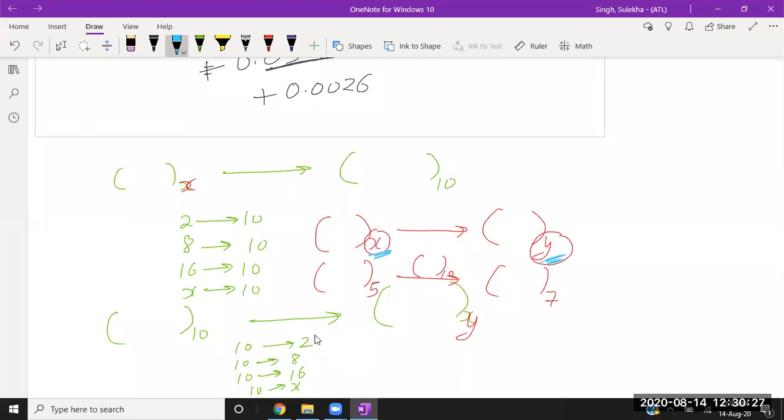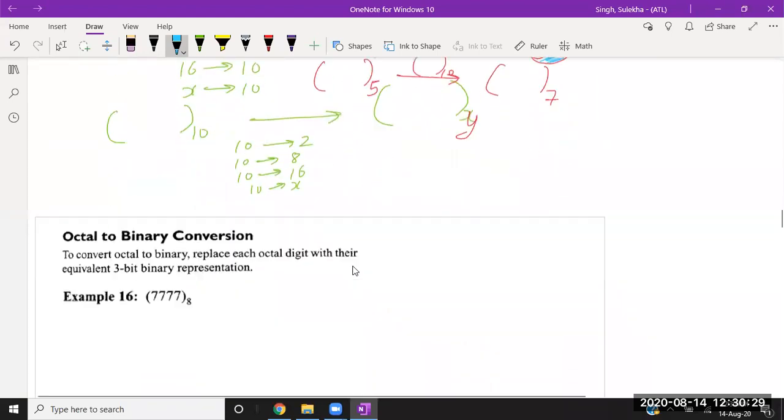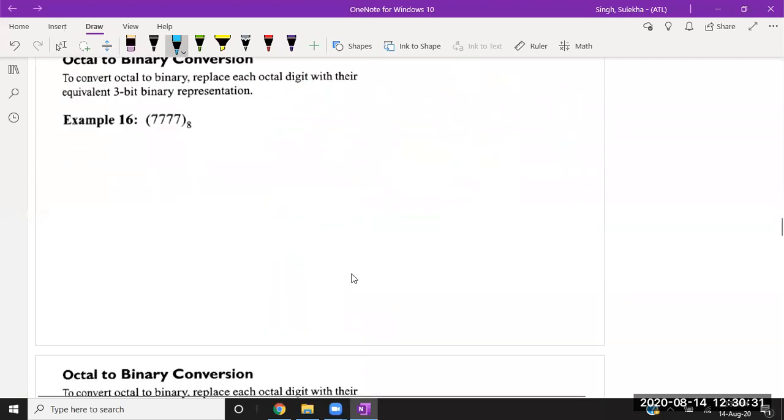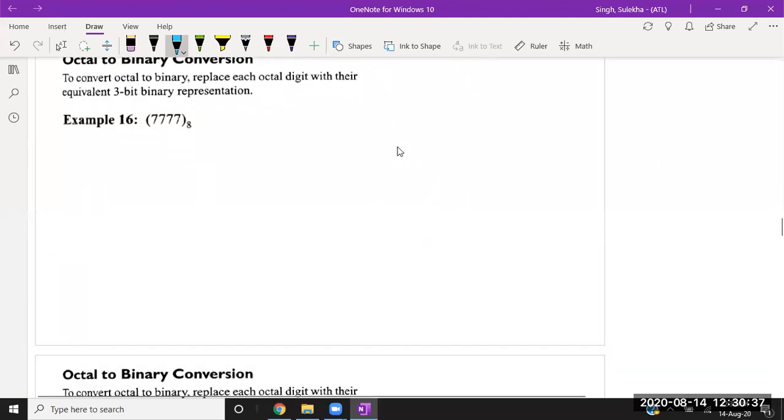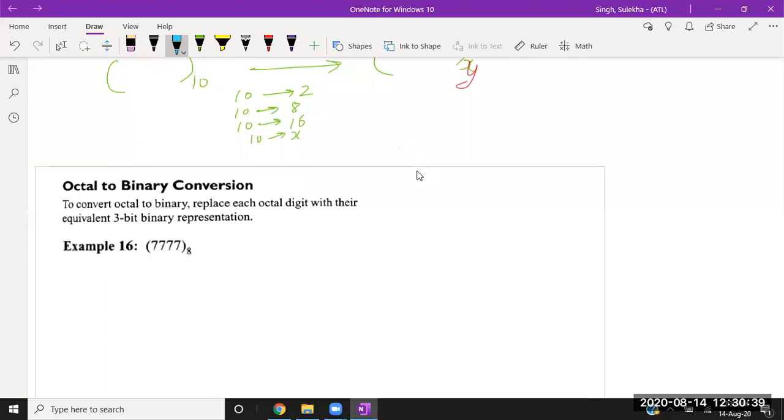Okay, so the next topic is octal to binary conversion. We will deal first with octal to binary. Octal means your base is 8 and binary means your base is 2.